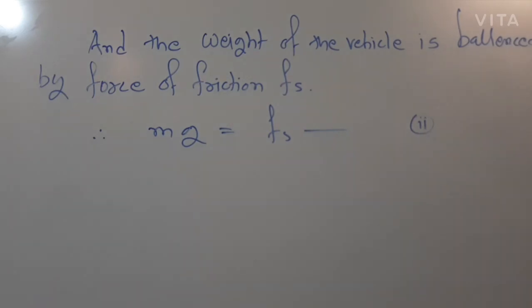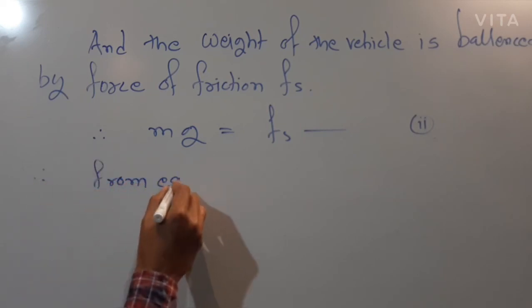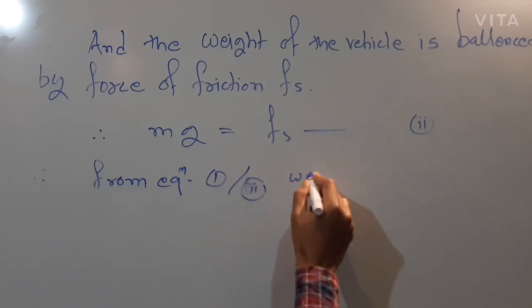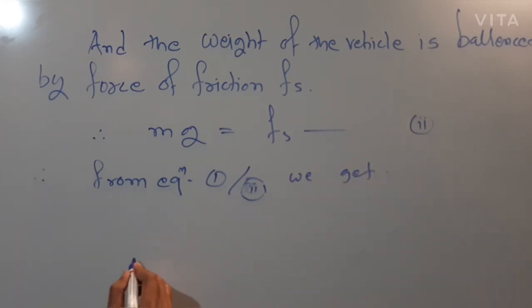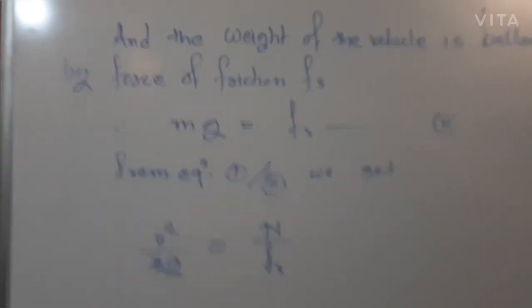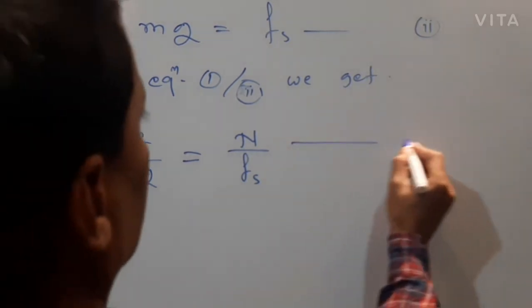Next step is in a similar manner. Therefore from equation 1 divided by 2, we get v square upon rg is equal to N upon Fs, and this is our equation number 3.